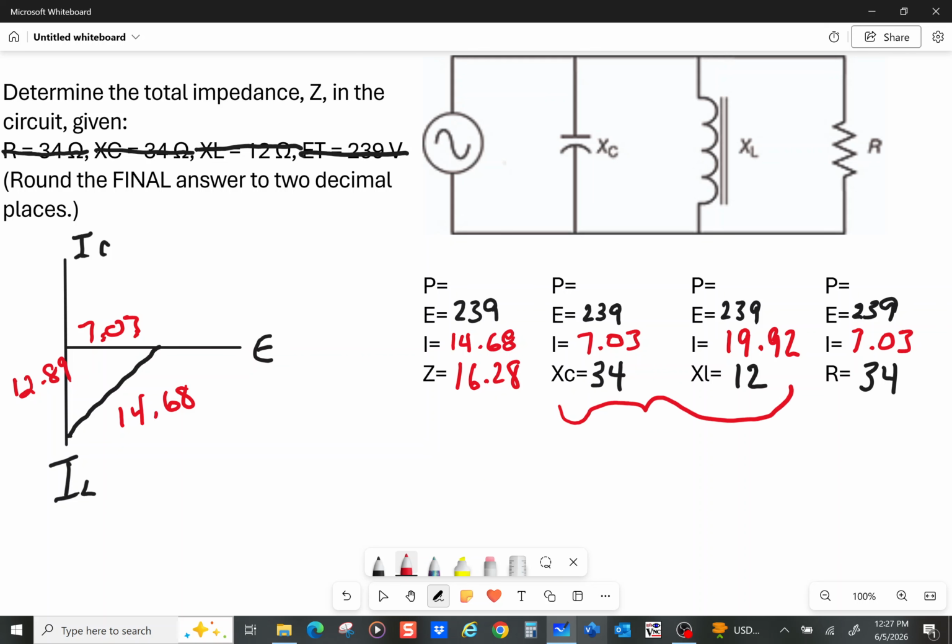and we know that our voltage is 239 volts, and we know that our net current is that 12.89 amps. And that will give us a total reactance, 239 divided by 12.89, of 18.54 ohms.